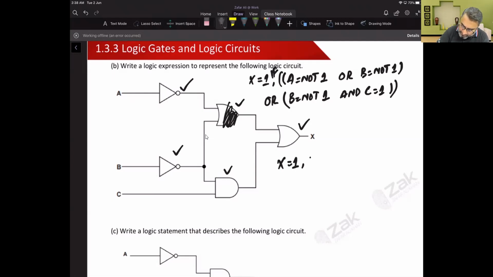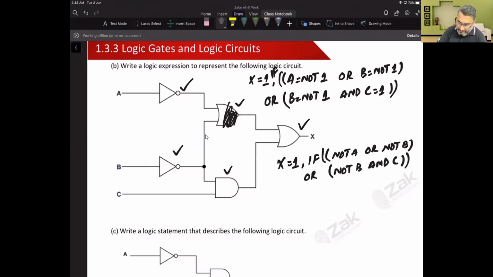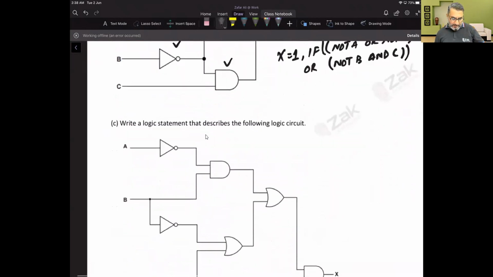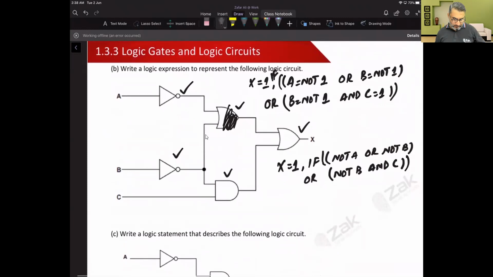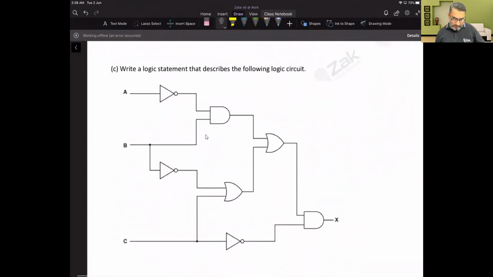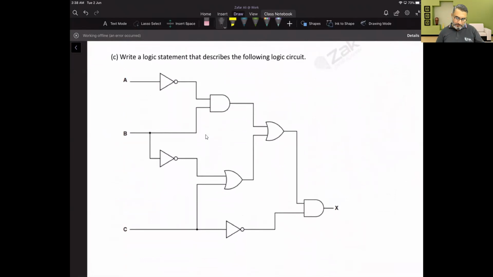We have to put if not a or not b or not b and c. Either of them is all right. Write logic expression, logic statement that describes the following logic circuit. Over here it would be a not multiply b.